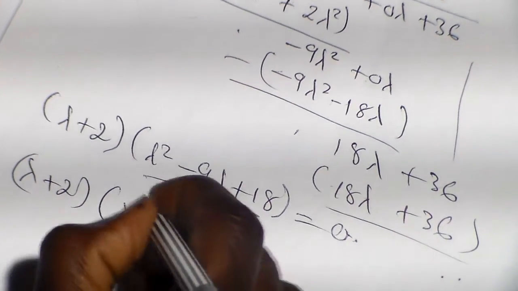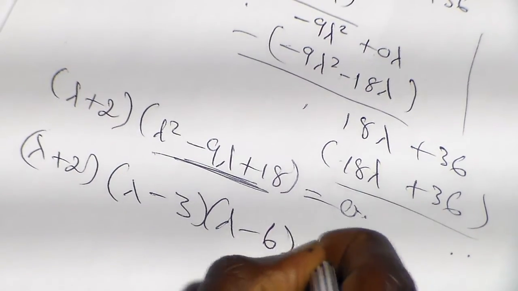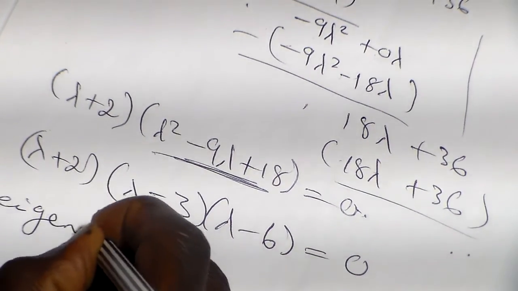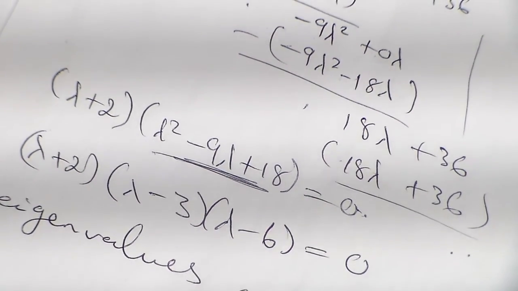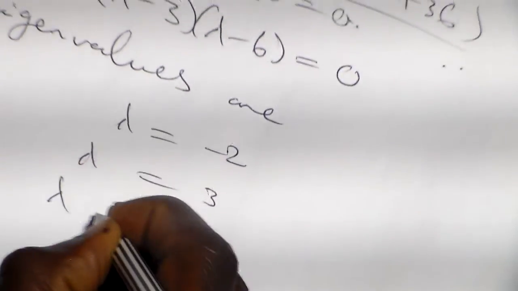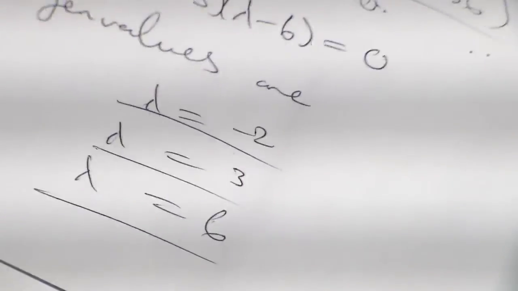We are seeing that it's lambda minus 3 and lambda minus 6 equal to 0. So the eigenvalues are lambda is equal to minus 2, lambda is equal to 3, and lambda is equal to 6. These are the eigenvalues of this matrix A.